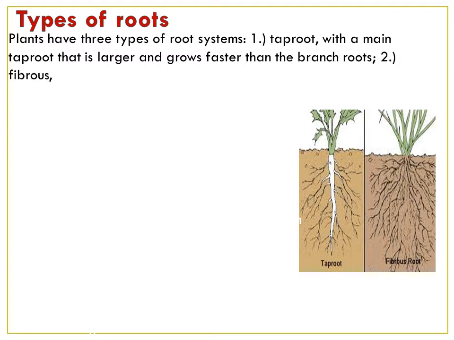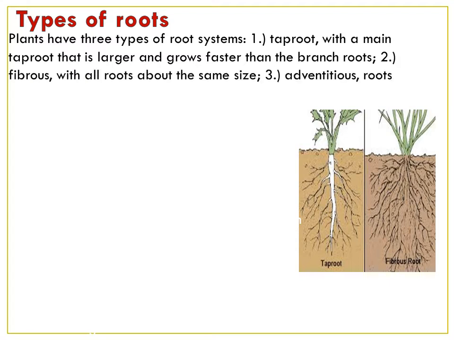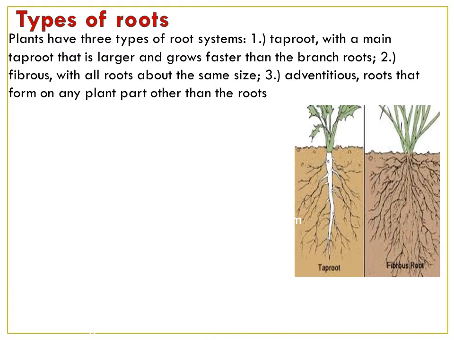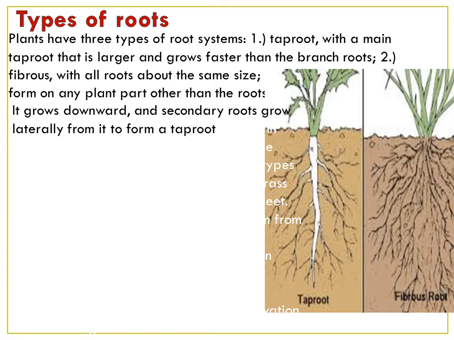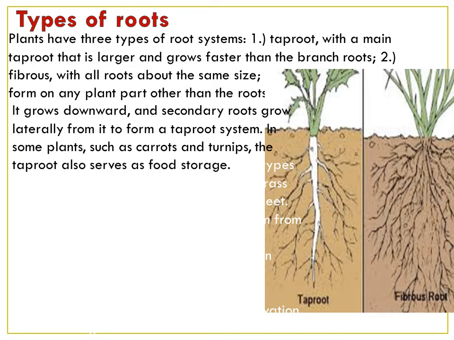Taproots have a main root that is larger and grows faster than the branch roots, whereas fibrous roots are all about the same size. What are adventitious roots? They form on any other part of the plant, other than the root. The taproot grows downwards and secondary roots grow laterally from it to form the taproot system.